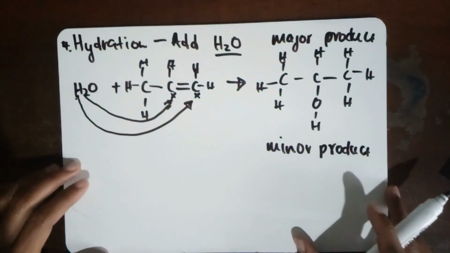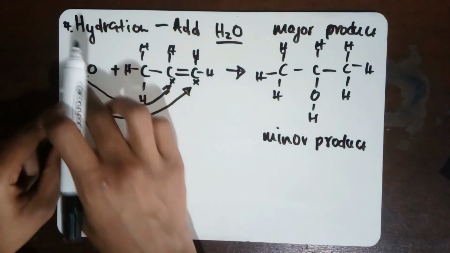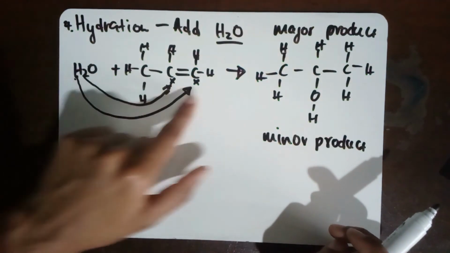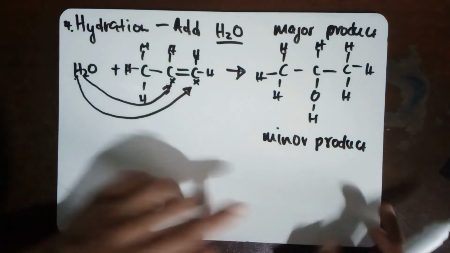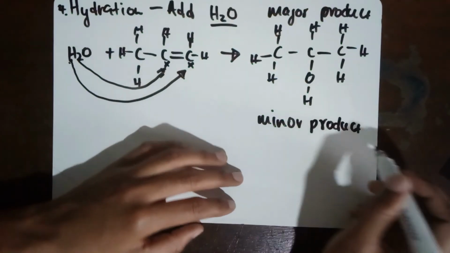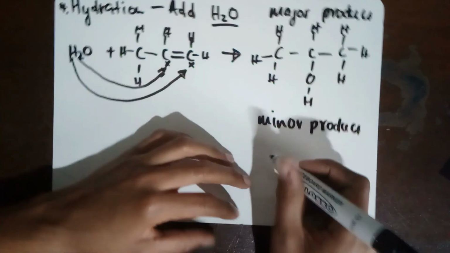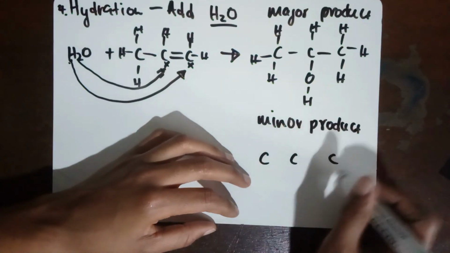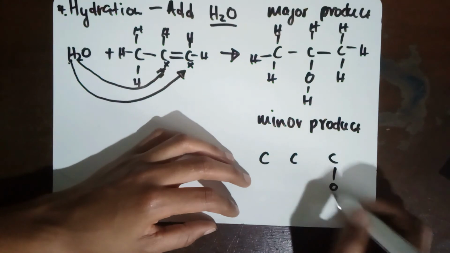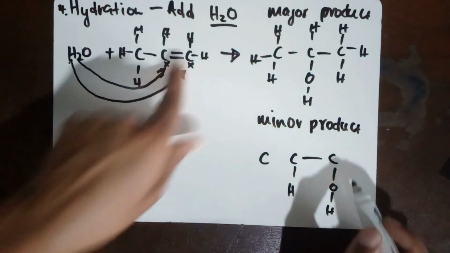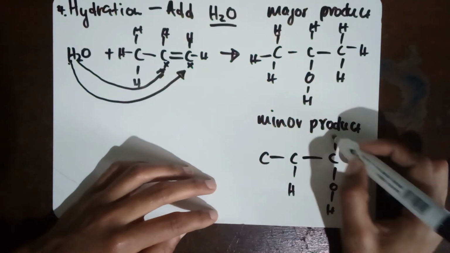Okay. And then if you form a minor product, it will just be the reverse of this. The hydrogen will come here, and then the OH will come to this carbon with the greater number of hydrogen atoms. So sometimes you are asked for a major product or a minor product. So just know the difference between those two. So the OH will come here, and then the hydrogen will come here after breaking this double bond.